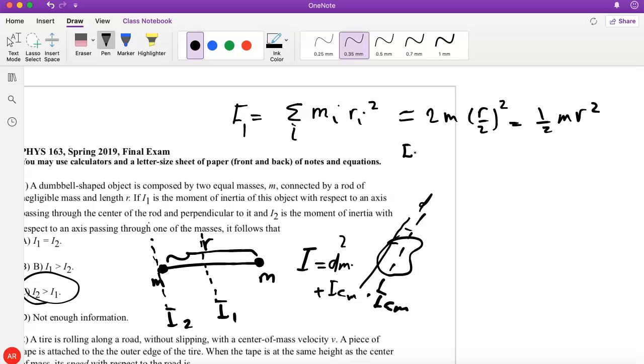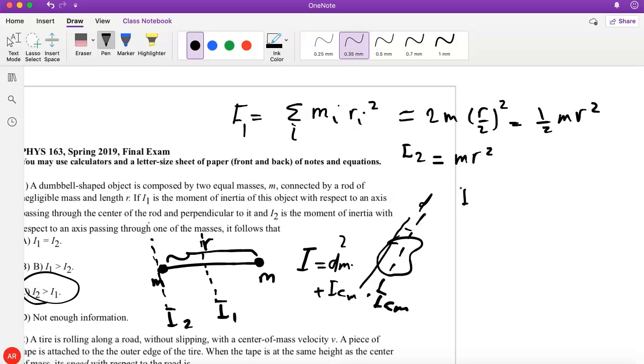If I want to calculate I2, well, this mass is a distance 0, so it doesn't contribute. This mass is a distance r, so I just get m r squared, and it's twice that. And we can also check that our equation works.